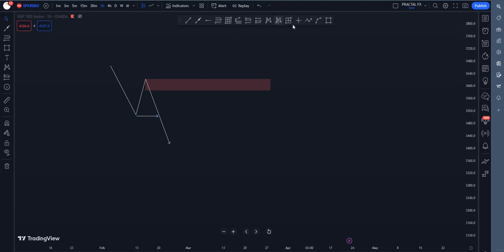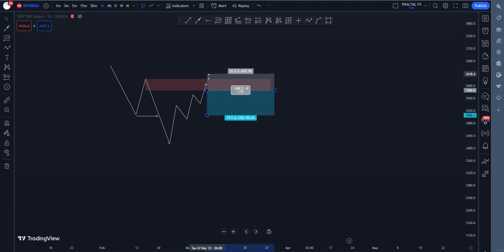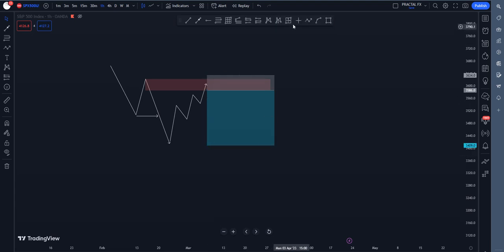So when they see the market moves like this, what they do, they want to sell and put the stop loss above the supply, like this. So what happens?